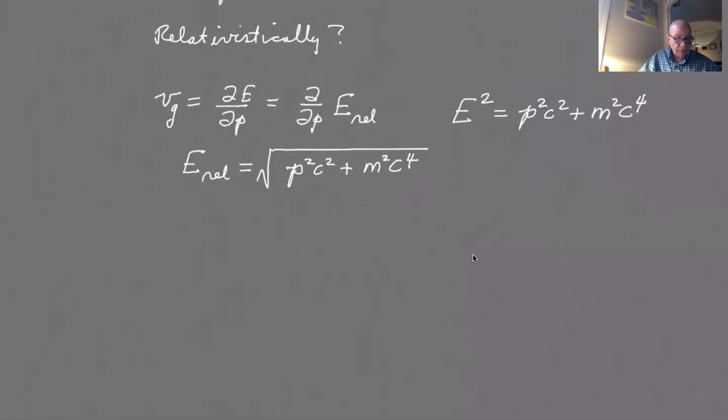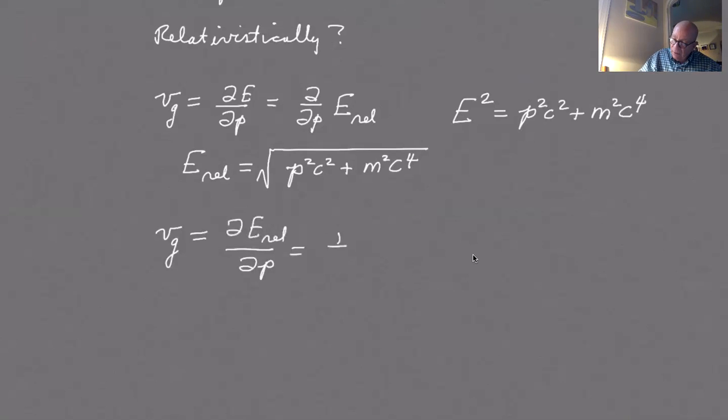So then v group, using relativistic energy, is the change in E relativistic with respect to p.